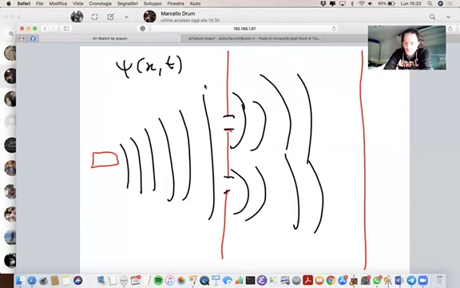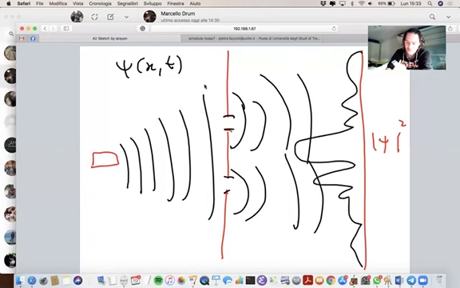And when you compute the square modulus of the wave function here, you get the probability of observing the electron at the board, and this is described well by the interference pattern. So that's the essence of the discussion we've had so far in this course.